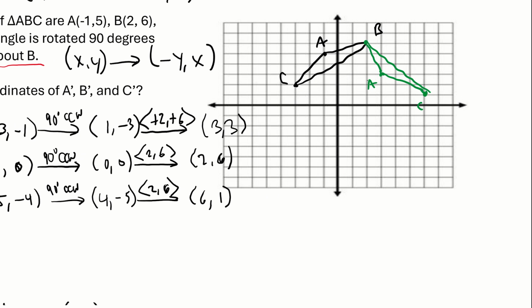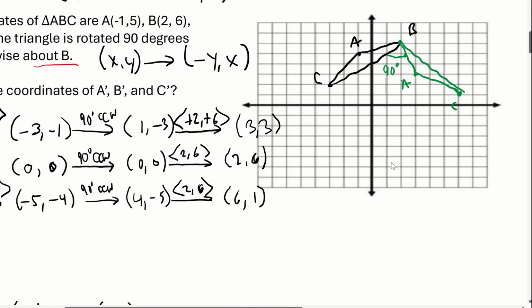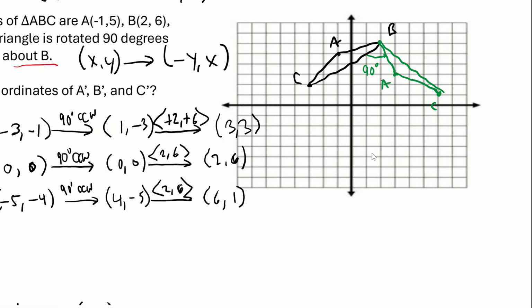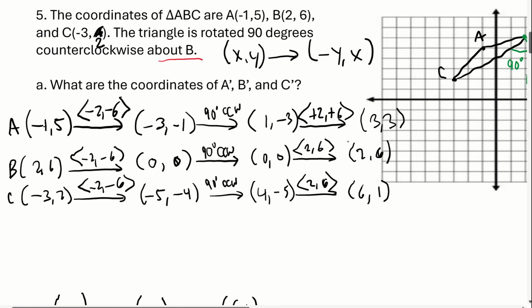Okay, and there you go. That's what we got. So basically I took this and I rotated it 90 degrees. All right, and then that's what I get. So I took it and I rotated 90 degrees counterclockwise. That's counterclockwise right there, okay? All right, so there's number 5.